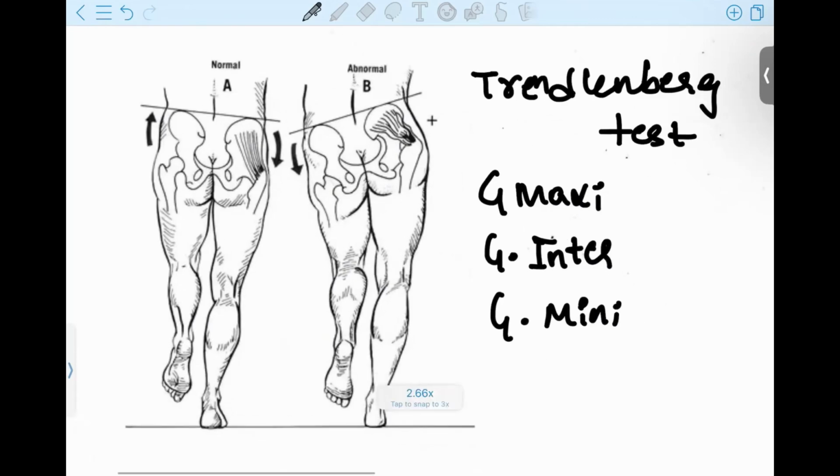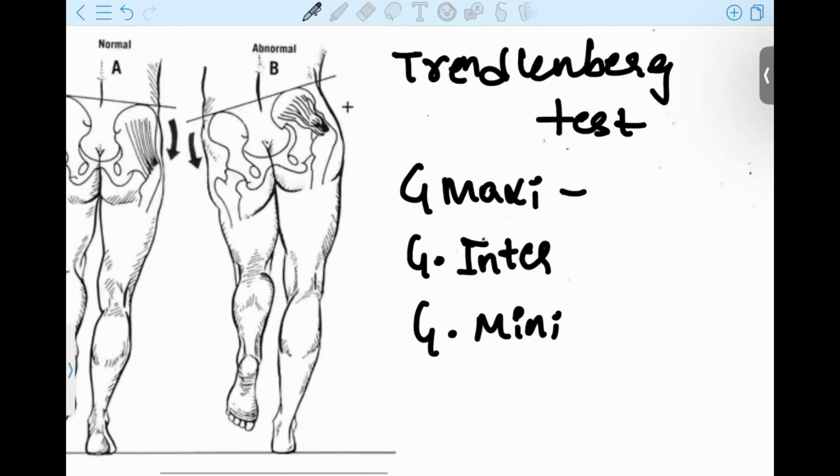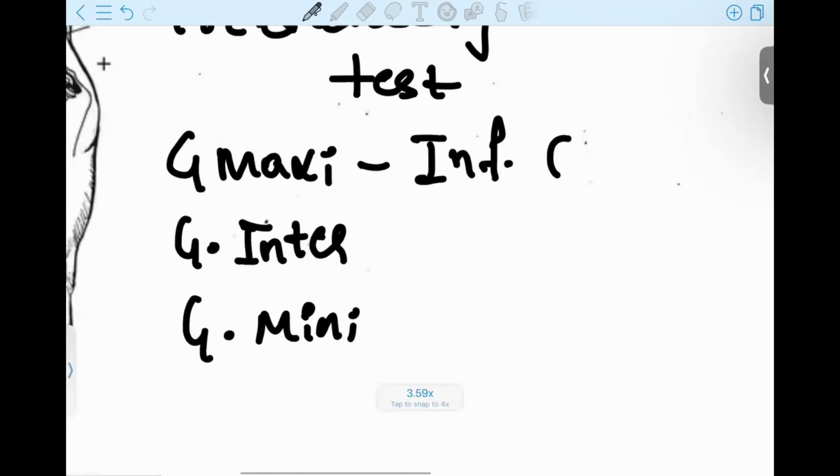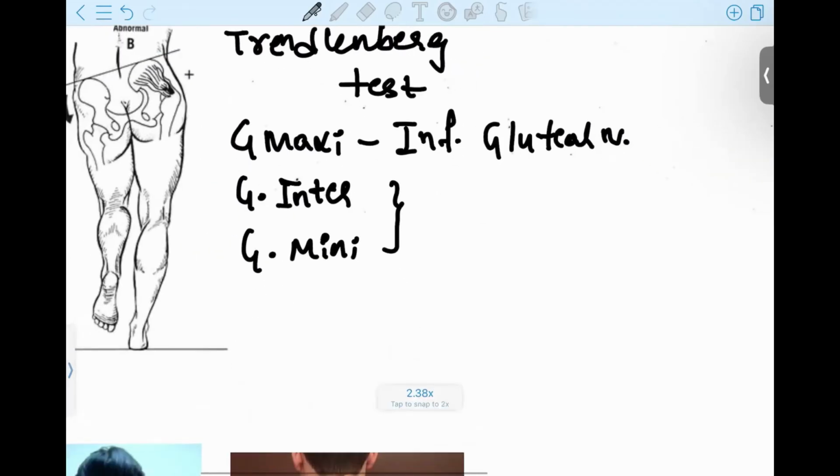The gluteus maximus is supplied by the inferior gluteal nerve. Okay, that is your inferior gluteal nerve. And what about these two, gluteus medius and gluteus minimus? That is your superior gluteal nerve.